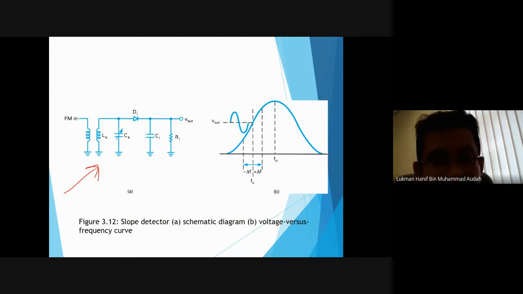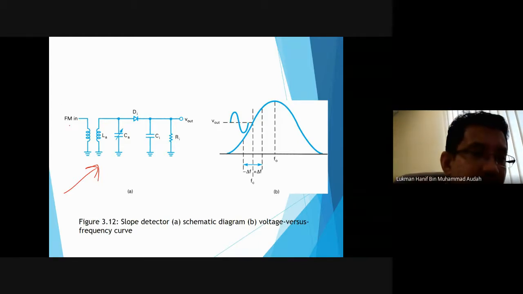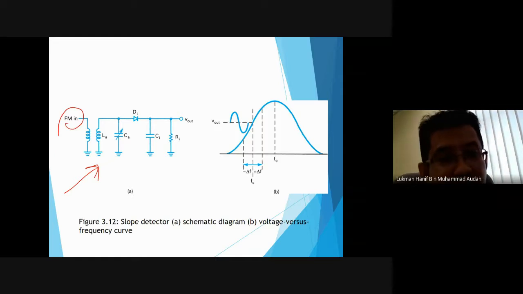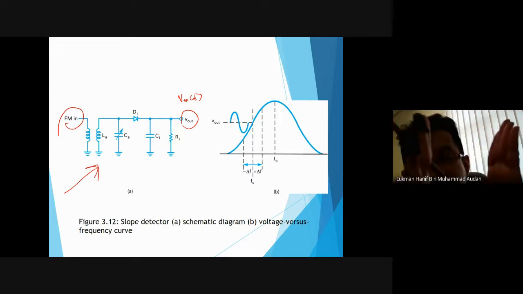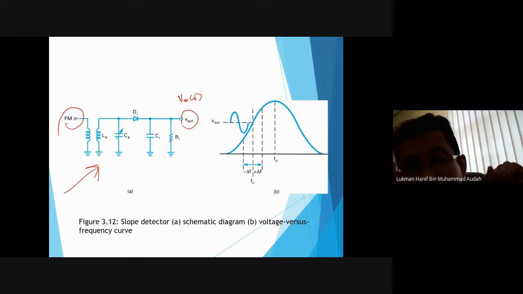Okay. So what happened? You see that here the input is FM and we want to produce the output as VMT. Okay. So you see that FM signal varies in terms of frequencies. Okay. So dalam kes ini dia telah varies tetapi dia telah berada pada IF. Okay.